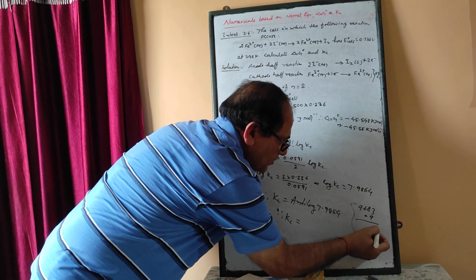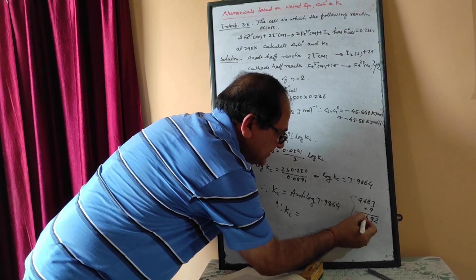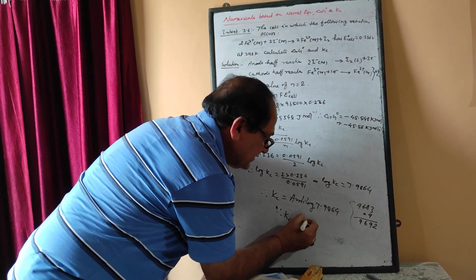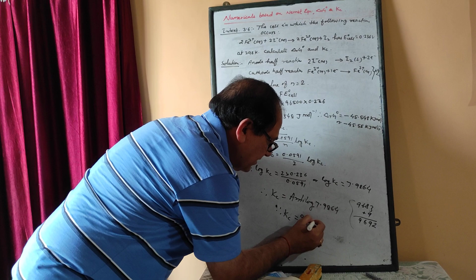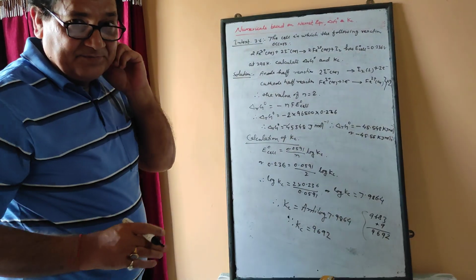So 9683 plus 9 gives 9692. Now what do we do here?